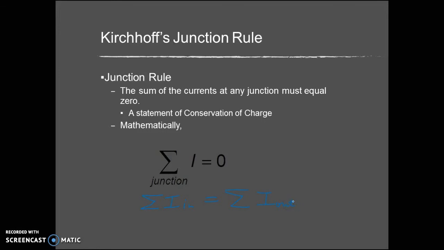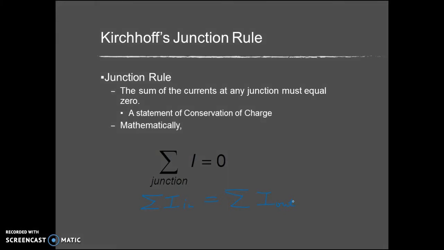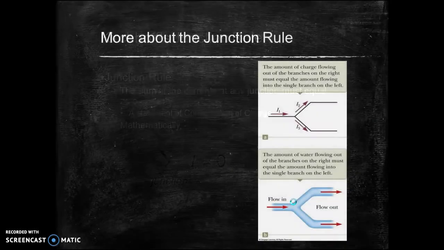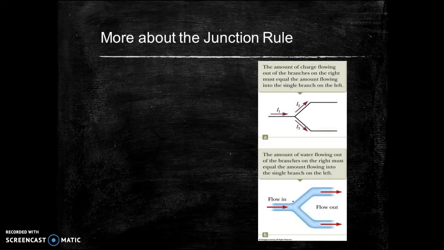So this way, currents going in are treated as positive and currents going out negative. In this figure, I1 represents current going into the junction, and I2 and I3 represent current going out.